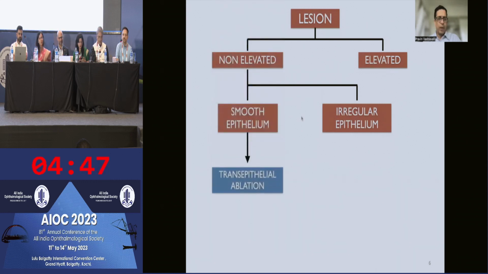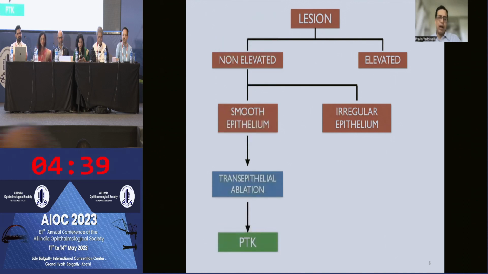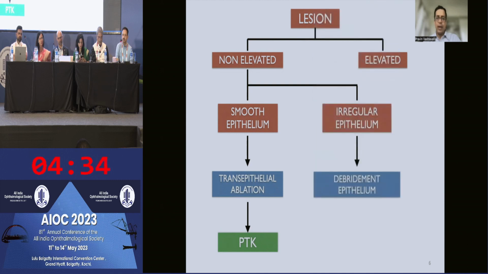If the epithelium is smooth, the ideal surgery will be a transepithelial ablation, a PTK, which will help in removing the lesion as well as smoothening the surface. In case you have an irregular epithelium, you can debride the epithelium and then do a PTK using a masking agent. These are for non-elevated lesions.